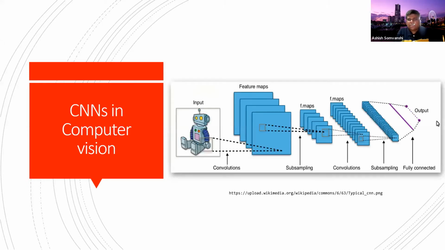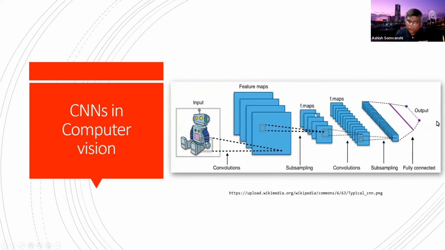This is a beautiful image explaining how CNN works, pulled up from Wikipedia. In fact, there's a beautiful entry out there. Down here, we're able to see we have picked up a grid inside the image which this robot has captured.